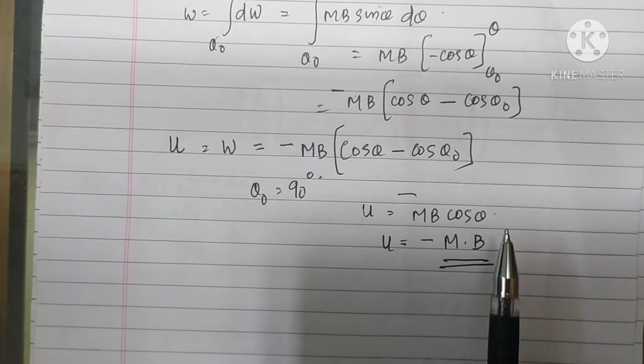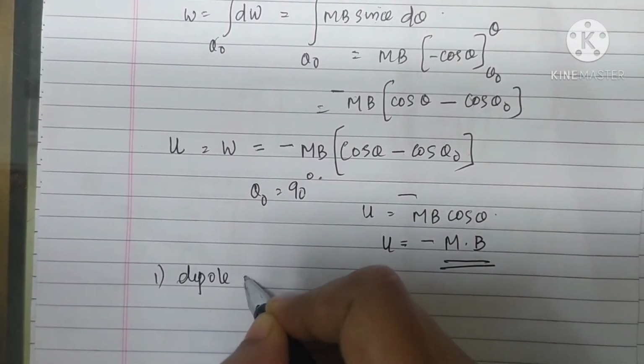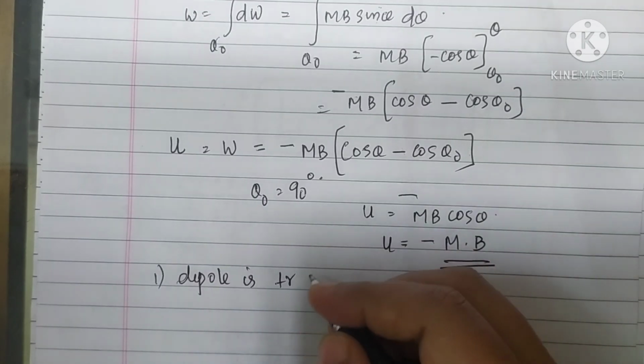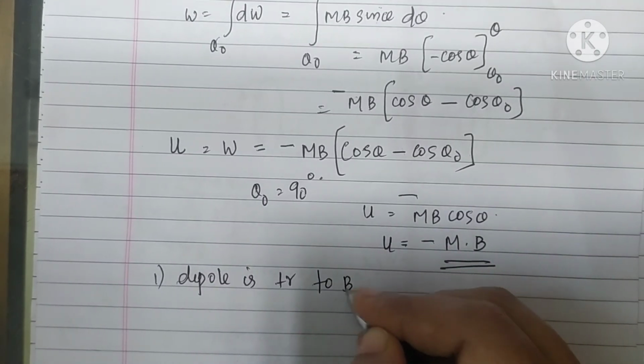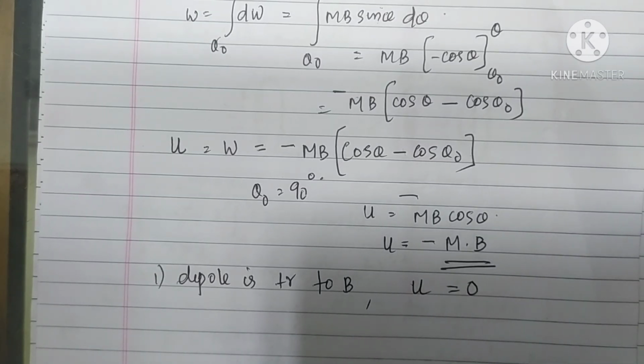So here when theta equals 90 degrees, U equals 0. That means in the first case, when the dipole is perpendicular to the magnetic field, U equals 0. The magnetic dipole, meaning the bar magnet, when it is placed perpendicular to the magnetic field, has potential energy 0.